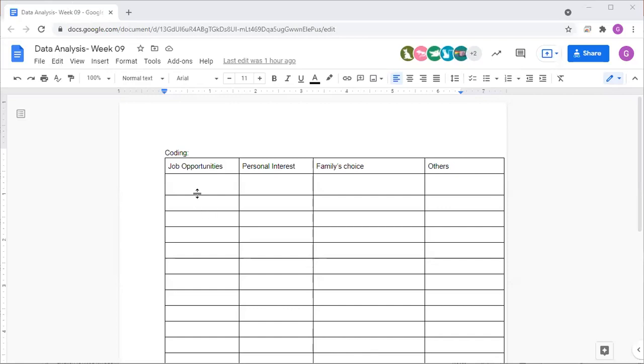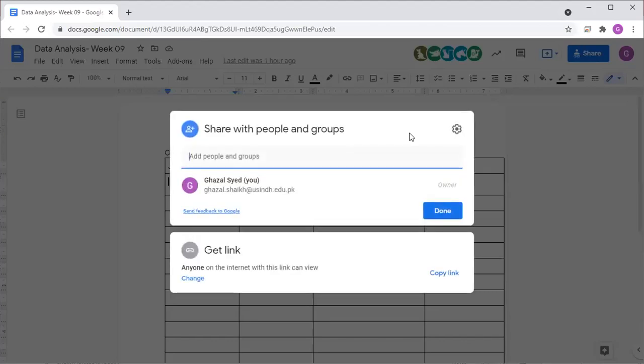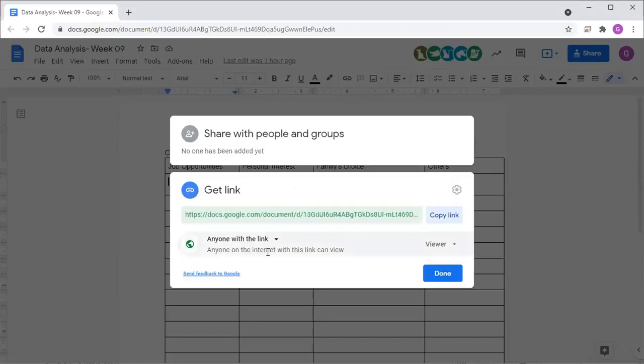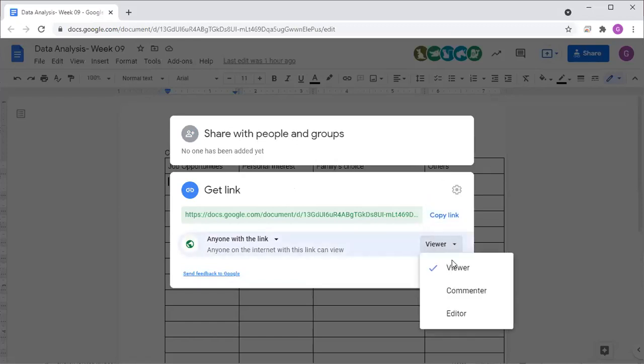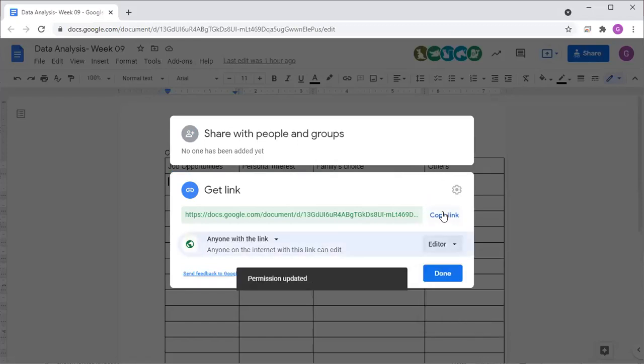You can't type? Why not? Can anyone type? Let me check the sharing right. Oh, sorry, I've changed it now.